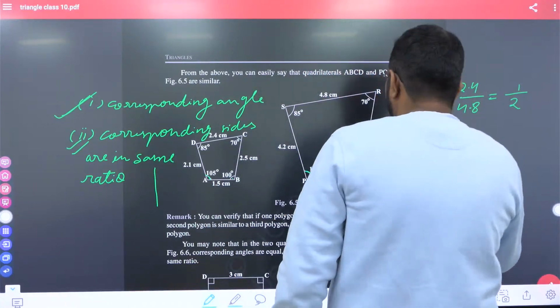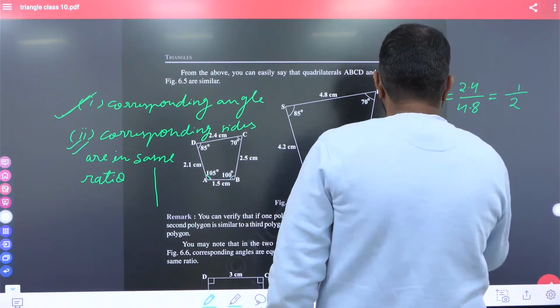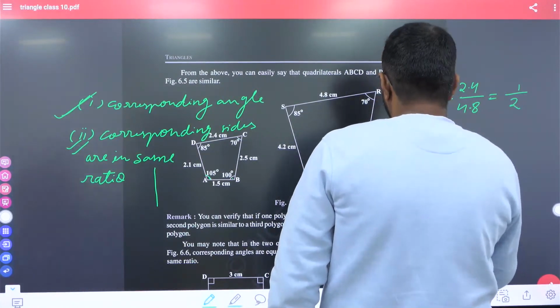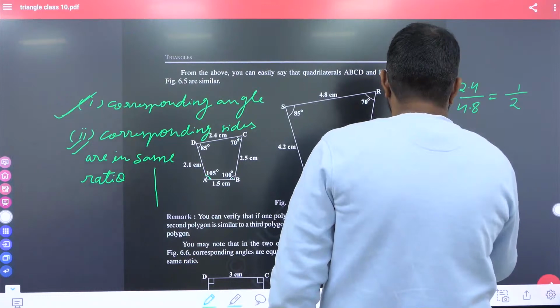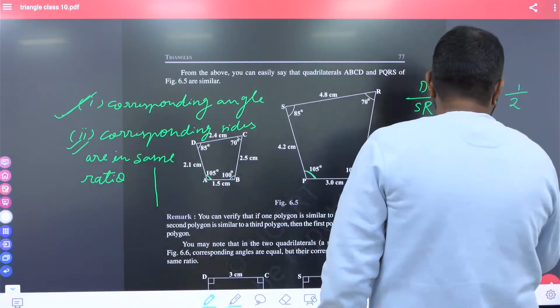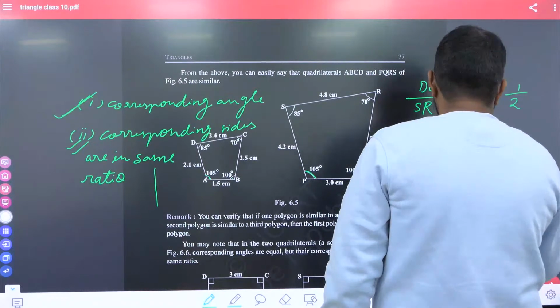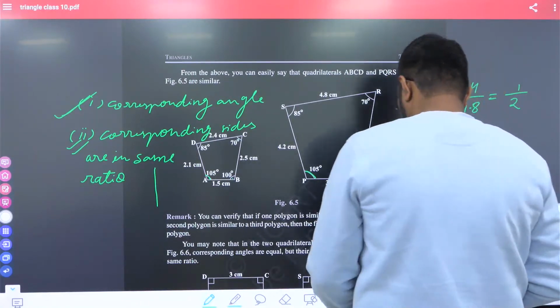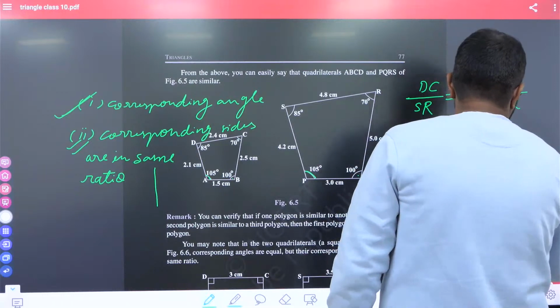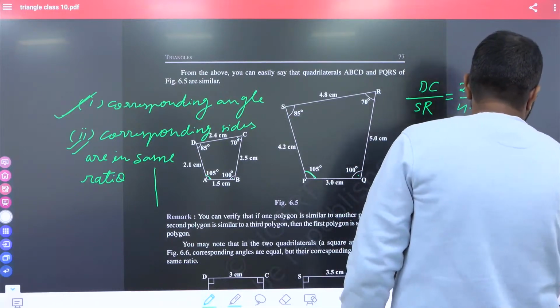Now find the ratio of CB and QR. CB is 2.5, QR is 5. This one is also 1/2.